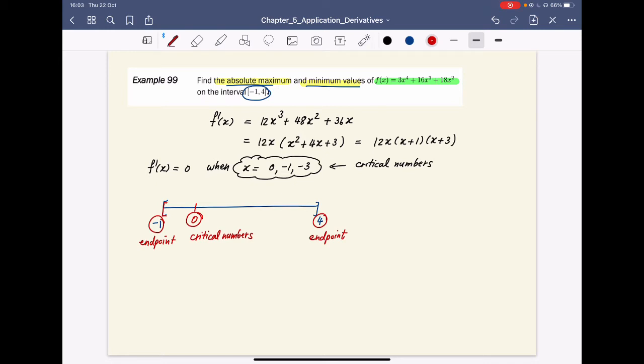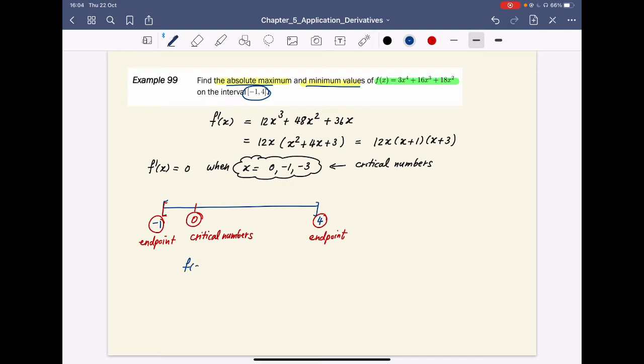And x equal to -3, we can throw away because it is outside our interval of interest. So now we have 3 candidates that will give you the absolute max or absolute min. So we just need to compare them.